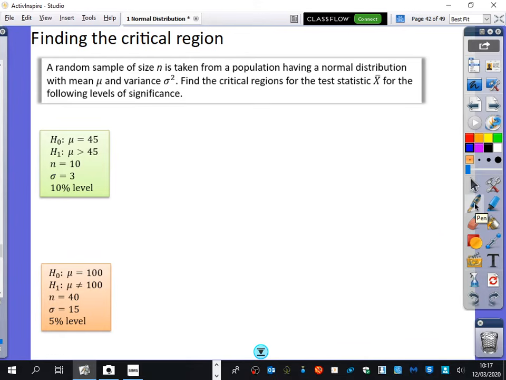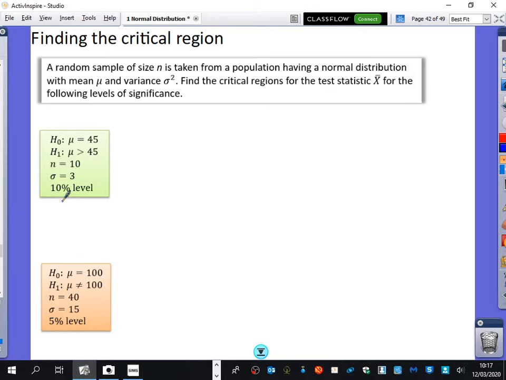So you'll notice the information that I haven't given you here is actually what happened when I took a sample, okay? This time, I'm just telling you that we think the average is 45. The null hypothesis is that the average is 45. We have a suspicion that the average might be bigger than 45, and we're going to take a sample of 10 things.